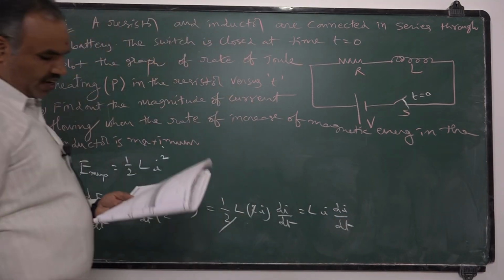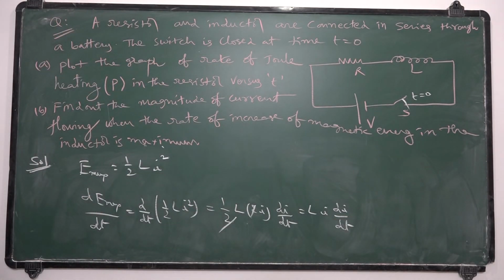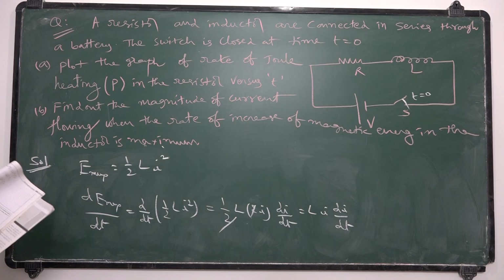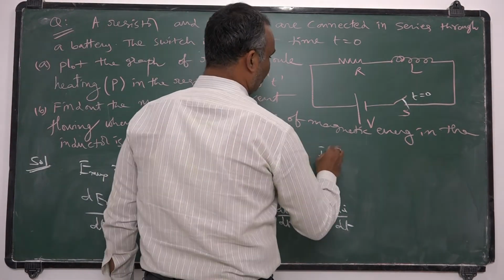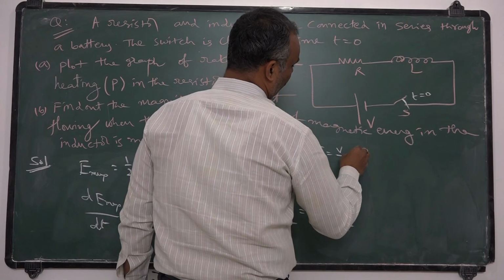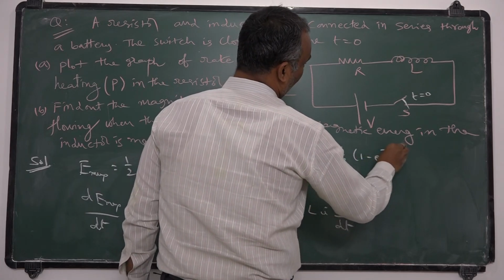You know the expression for I, and you can substitute that value of I. What is I? V by R into 1 minus e power minus R by L into t.